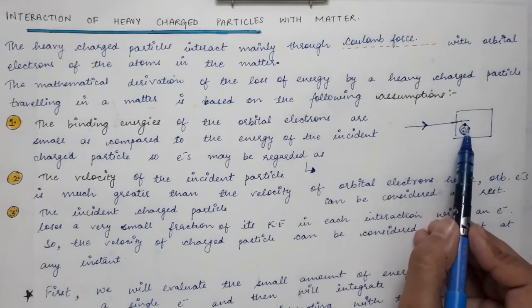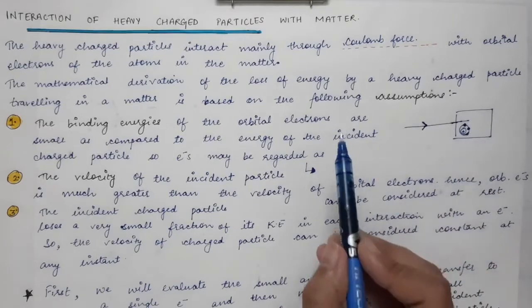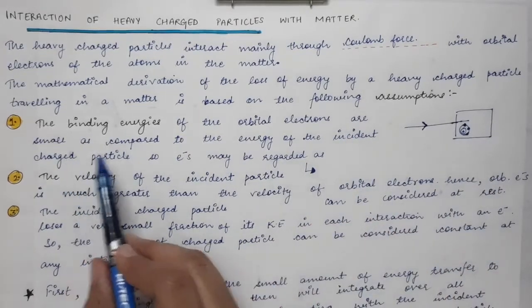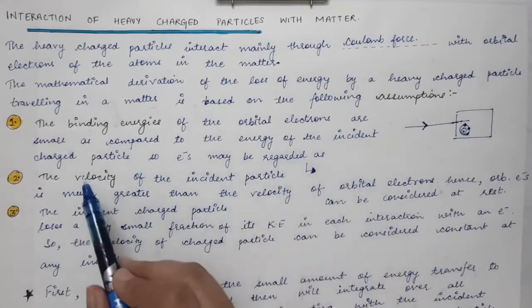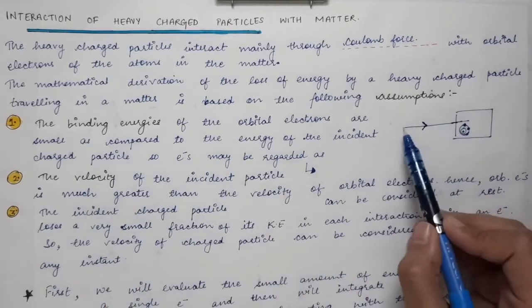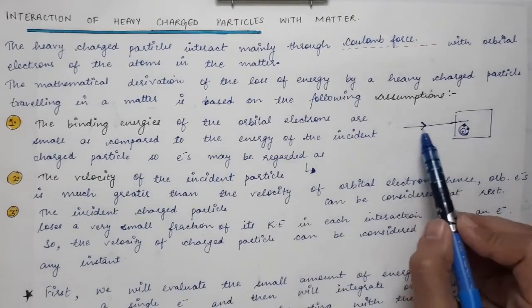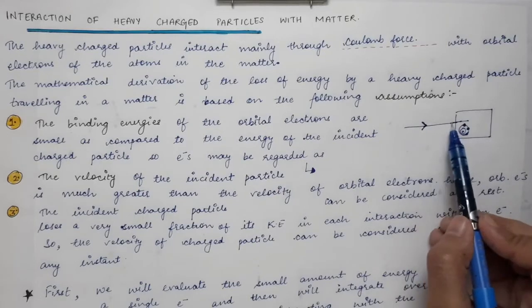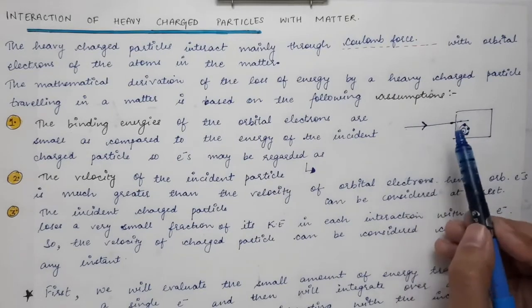The binding energy of orbital electrons is very small compared to the energy of the incident particle. As this particle is moving with a certain velocity, it will have a certain amount of energy.